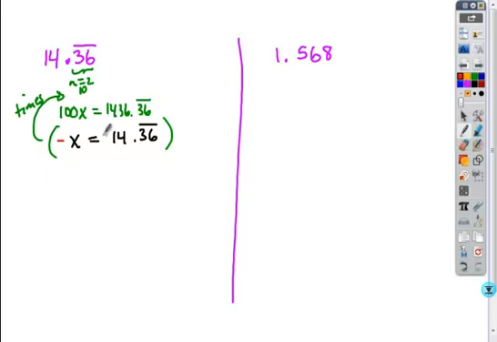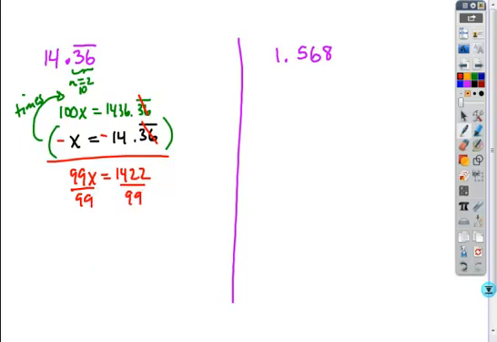Then my final steps here are to subtract straight down these columns now. 100x minus 1x is 99x. When I subtract down here, these repeating digits are going to cancel. I get 1436 minus 14, so that gives me 1422. And then I divide by 99 to isolate and solve for my x.